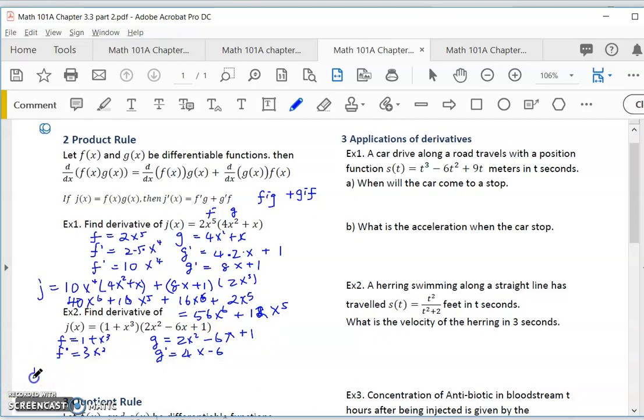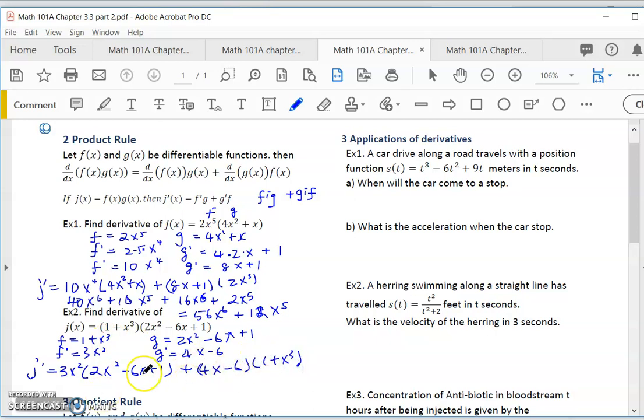So now I'm going to do j prime. Oh, I should say j prime here. J prime is equal to f prime times g. 3x squared multiply 2x squared minus 6x plus 1. Okay. Plus g prime, this times this, 4x minus 6 times 1 plus x cubed.